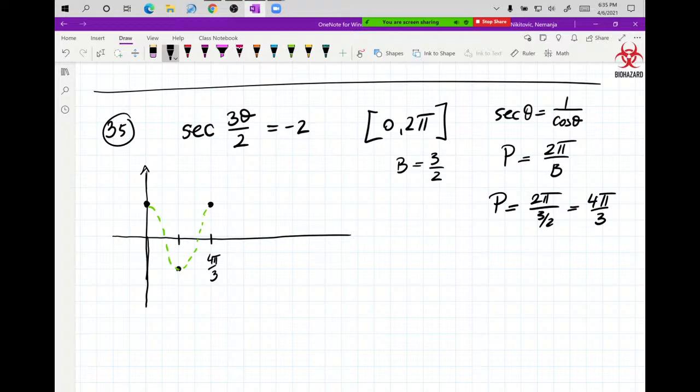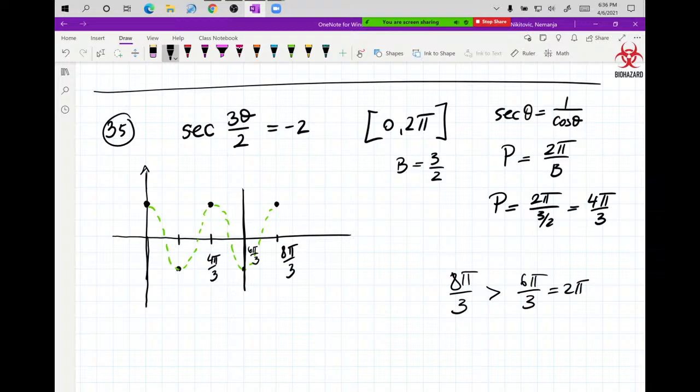Let me add another one, which is 8 pi over 3, and then realize that that's too much, so we'll have to chop this up somewhere in between. 8 pi over 3 is bigger than 6 pi over 3, which is 2 pi. So this is where I actually need to end, right here, because that is 6 pi over 3.